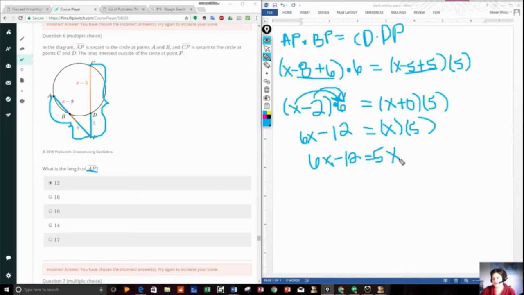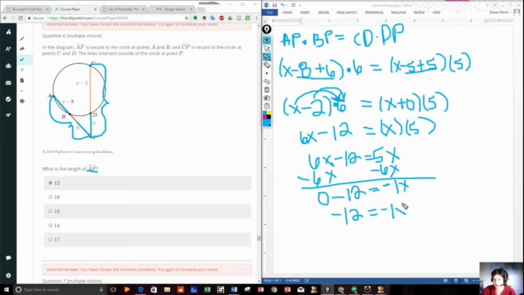Since there's only x's on my right hand side, I'm going to collect all my x's there. So I'm going to subtract 6x. And so we have 6x minus 6x, which is 0, minus 12. That's going to equal 5x minus 6x, which is negative 1x. 0 minus 12 is just negative 12, equals negative 1x.